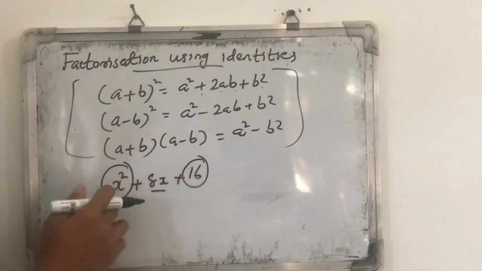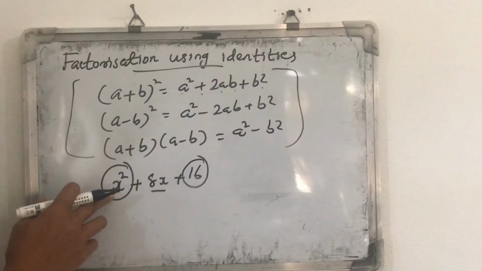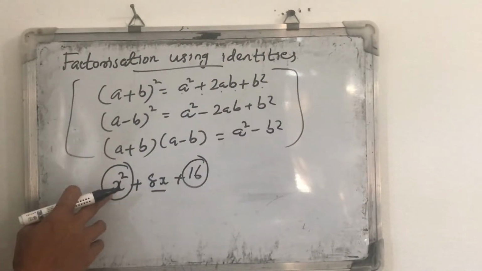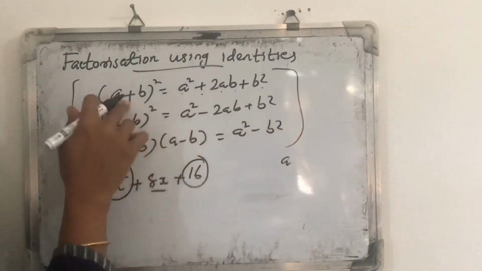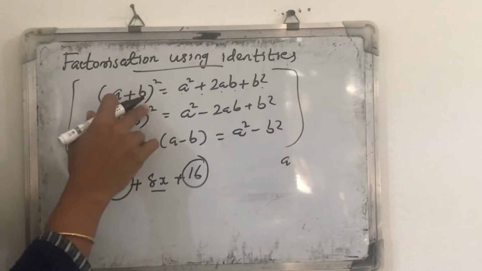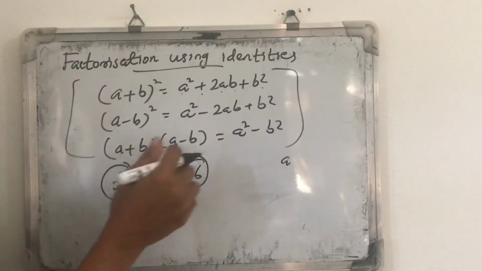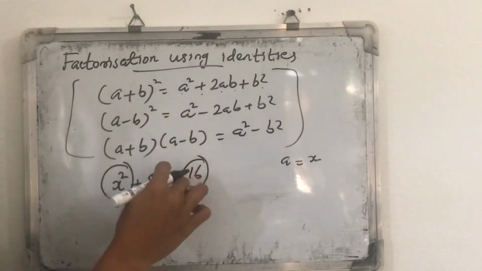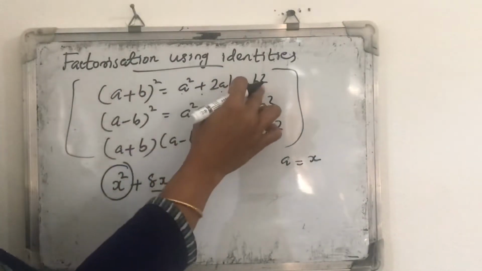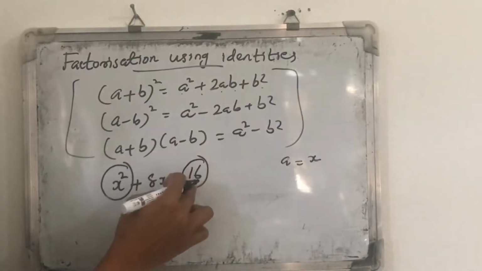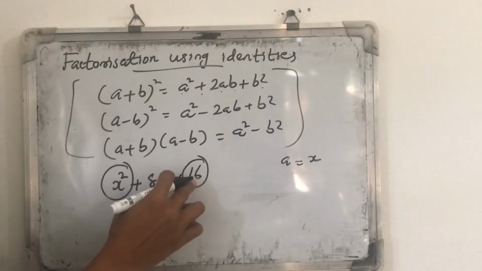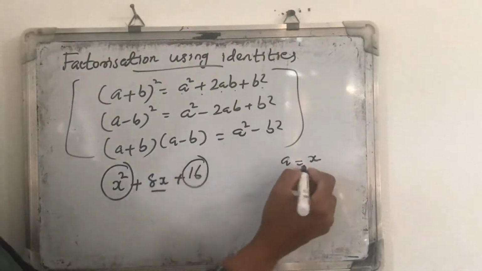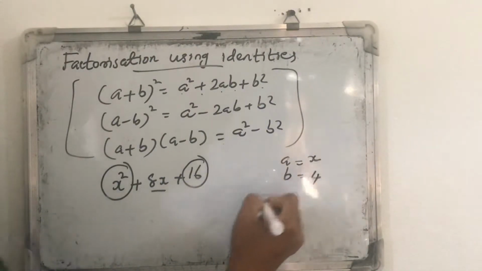In this case, a is x, and the last term is b square. The square root of 16 is 4, so b will be equal to 4.